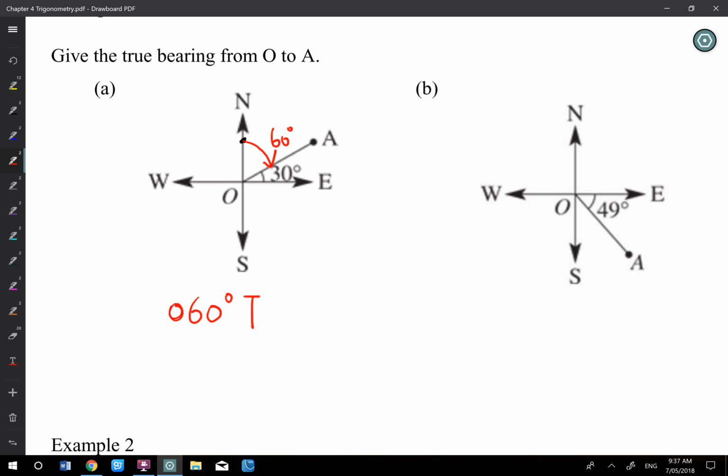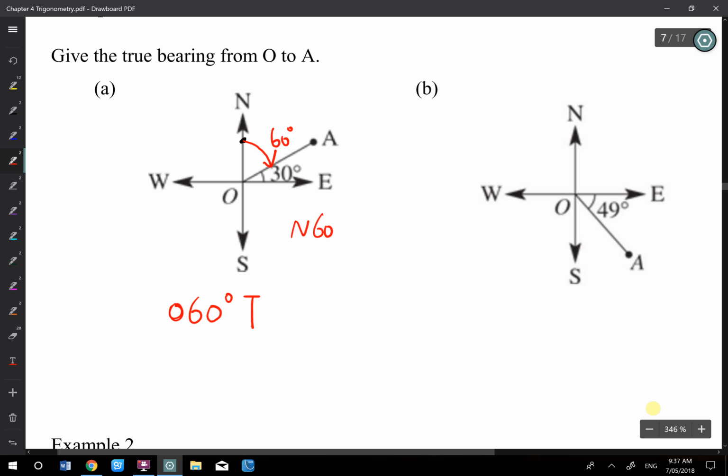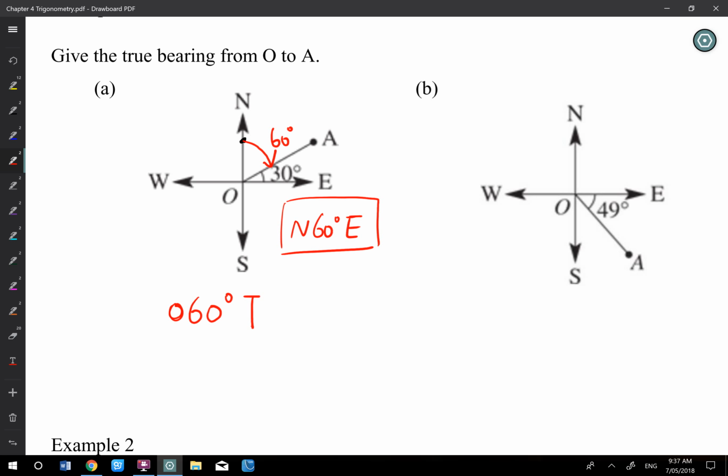So you can see this point is north 60 degrees east. I can also use this way to talk about it. It's at the northeast direction and 60 degrees.